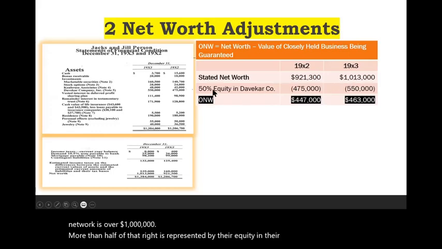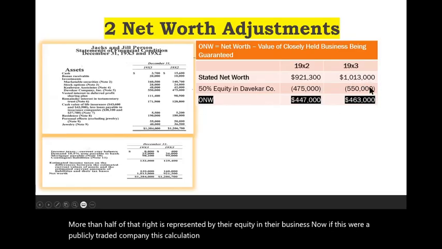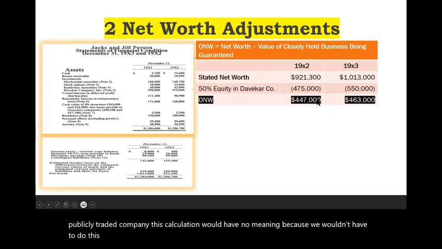Now, if this were a publicly traded company, this calculation would have no meaning because we wouldn't have to do this, but it's a small business and the owner is, or the owners are going to guarantee the loan, and so we want to subtract it.